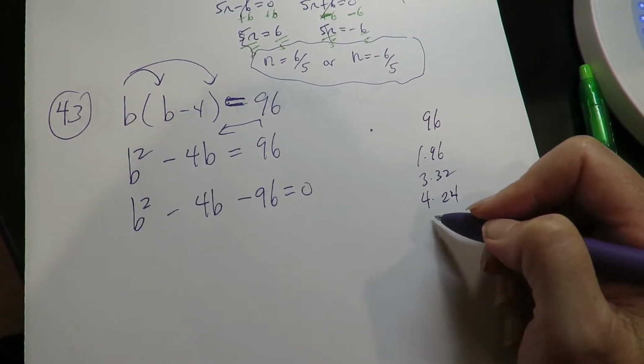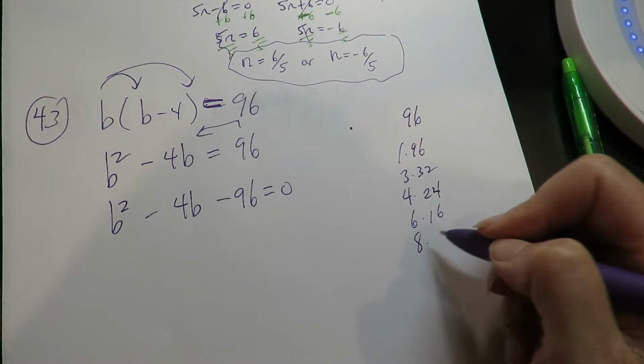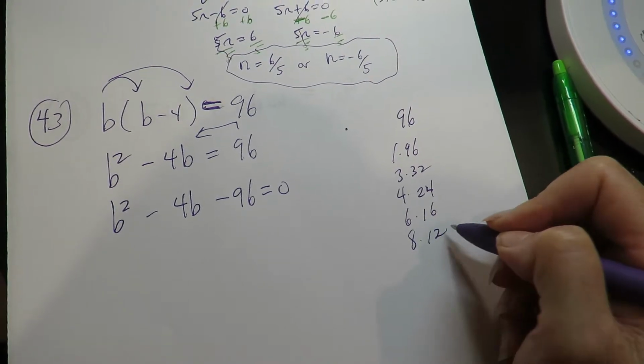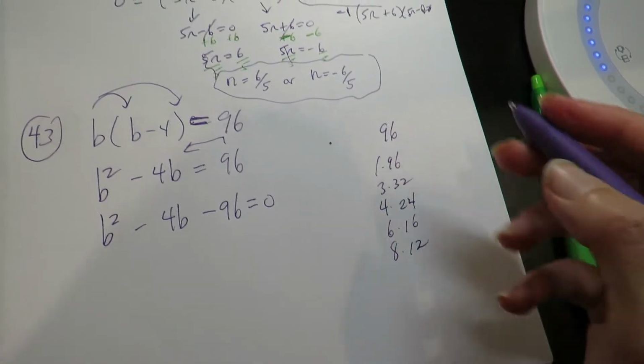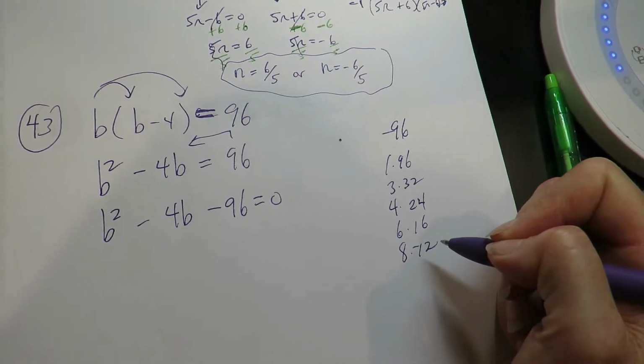Two, 16, 5, 6. 8, 12. Okay, it's got to multiply to a negative, so this one, okay.